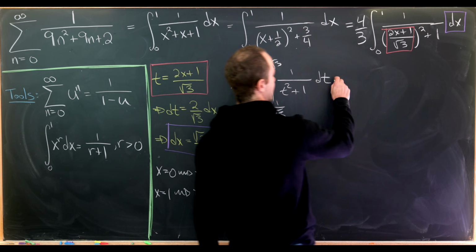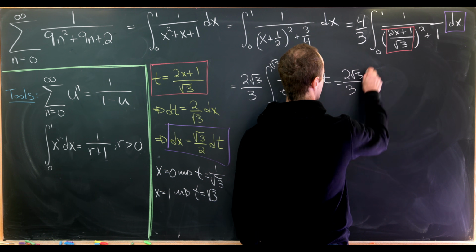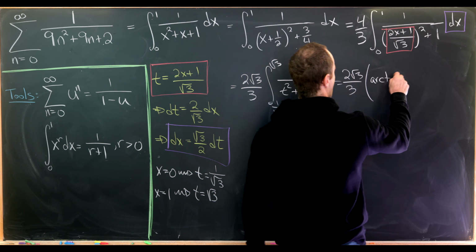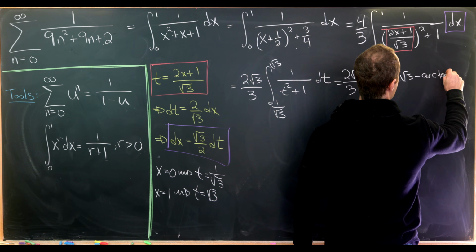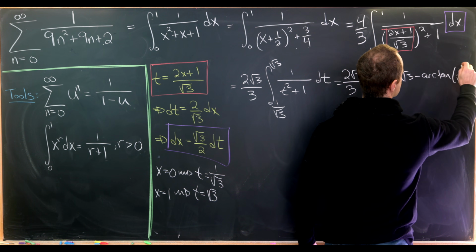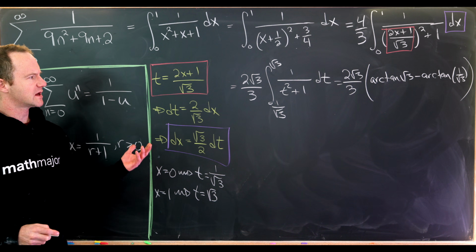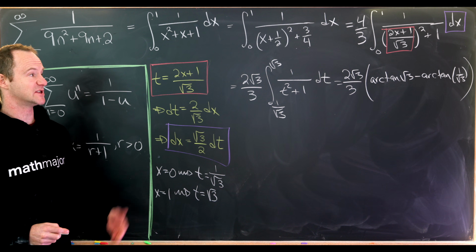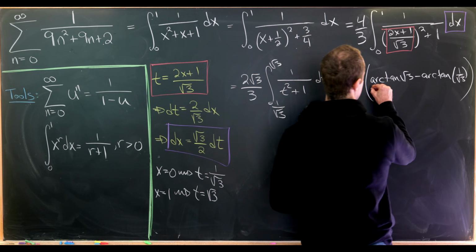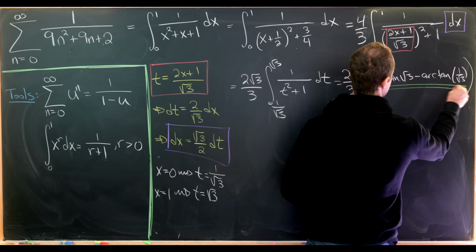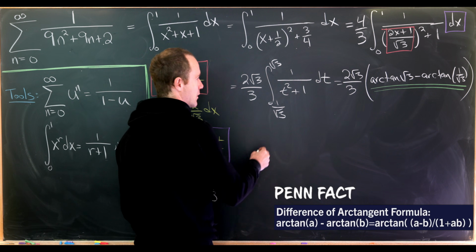Okay, but applying the fundamental theorem of calculus, that'll give us 2 root 3 over 3, and then we'll have the arctan of the square root of 3 minus the arctan of 1 over the square root of 3. But now we can apply this arctangent difference formula to this stuff that I'm underlining in green, which Justin will put on the screen right now to remind you. That will allow us to simplify that stuff quite a bit.